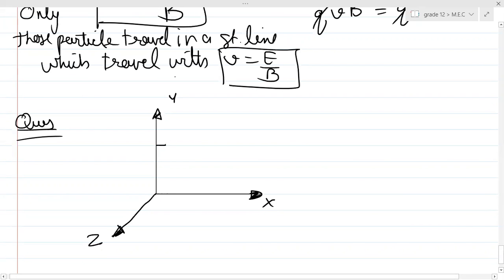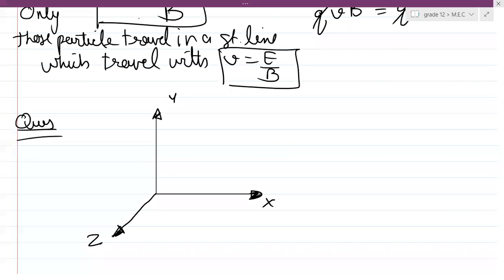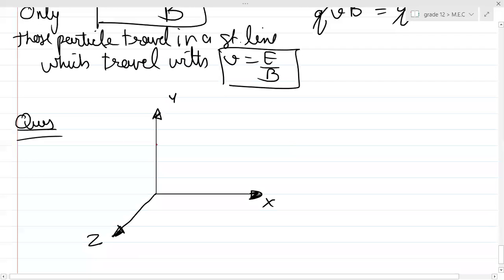Now I'm giving you a loop like this. Can you see a three-dimensional loop? Guys, is everyone able to see a three-dimensional loop?